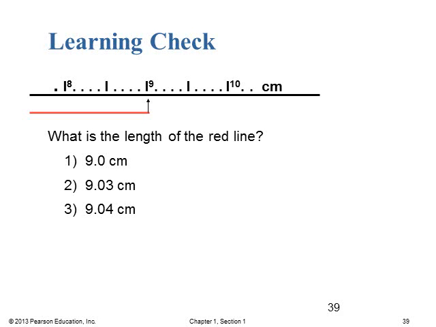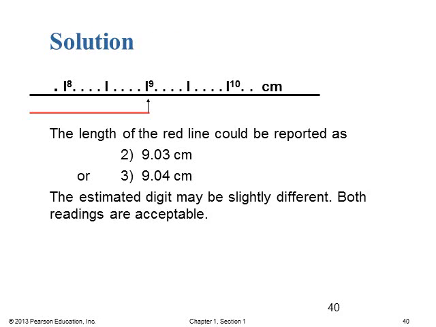It's an estimated value. They're very close in values, and it's really hard to delineate between the two without having additional lines. Both of them can be reported, as you see in the solution.